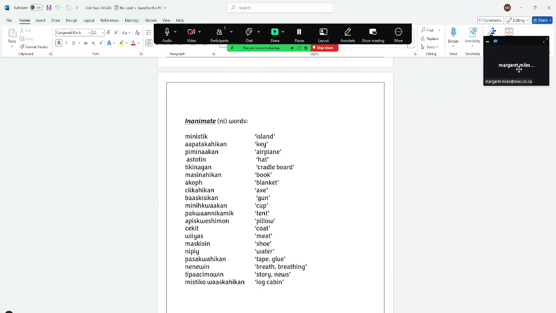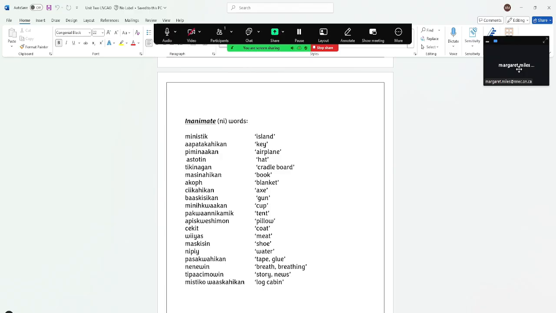So nouns in the Ininiimowin group into two classes or genders, animate and inanimate. We said all words for people, animals, spirits, and trees belong to the animate class. Most non-living things belong to the inanimate class, but there are exceptions. For example, spoons, smoking pipes, and pails are animate.